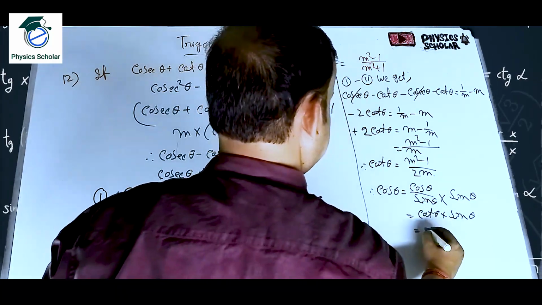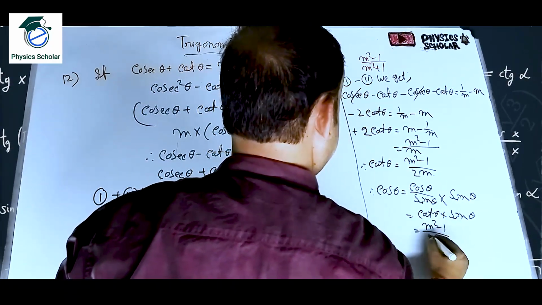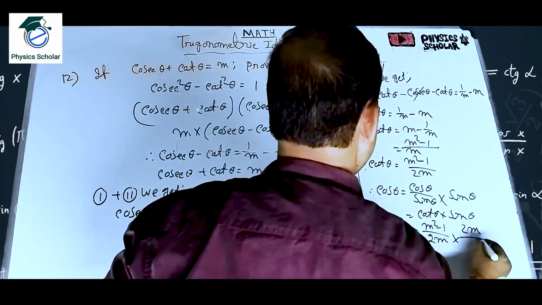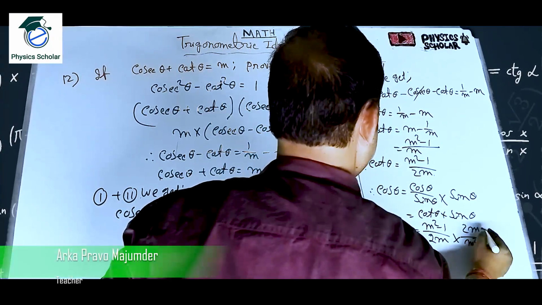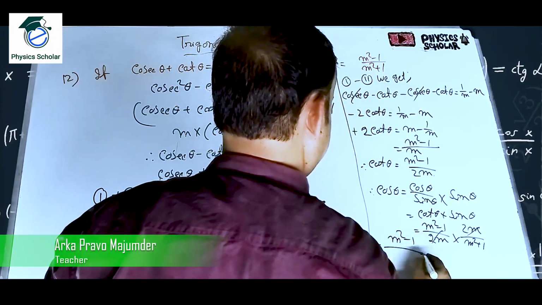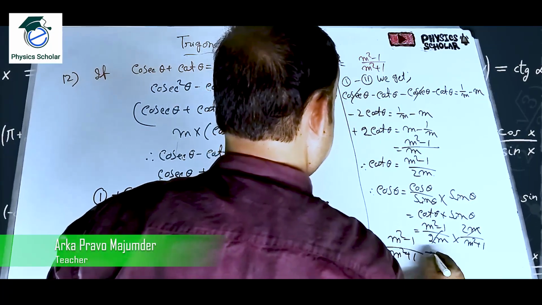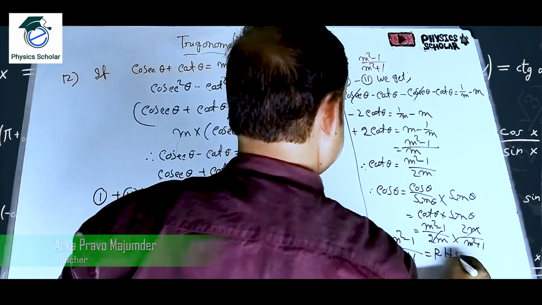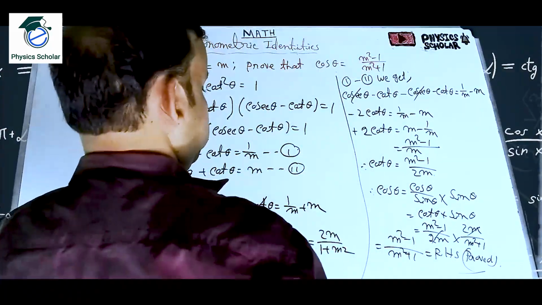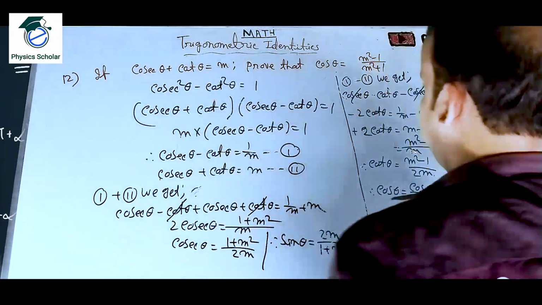So cot theta means m square minus 1 by 2m, into sin theta means 2m by m square plus 1. This will be cancelled. That means what is coming? m square minus 1 by m square plus 1 is equal to RHS. Proved.